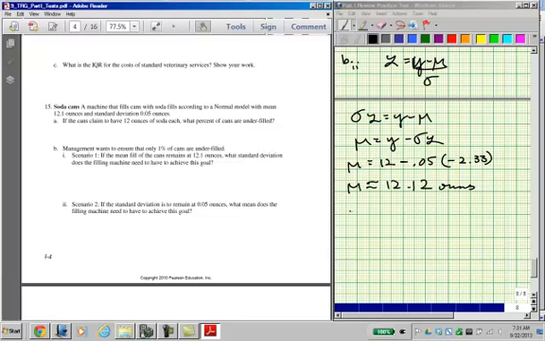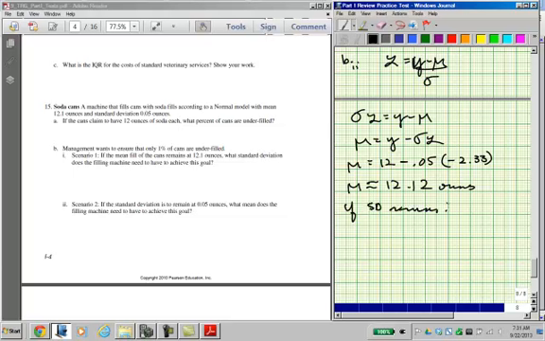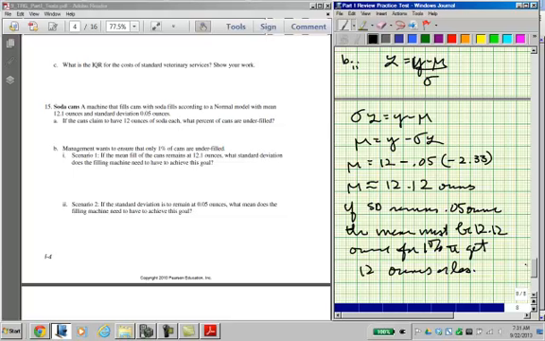So if the standard deviation remains 0.05 ounces, the mean must be 12.12 ounces for 1% to get 12 ounces or less. And that's it.